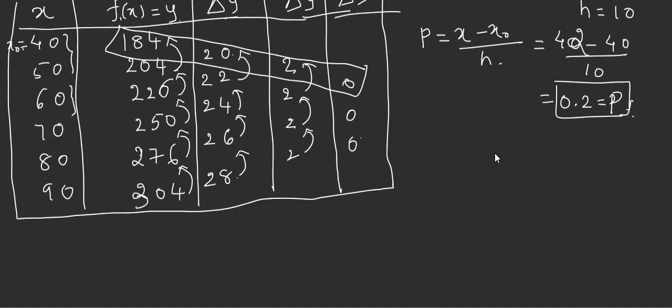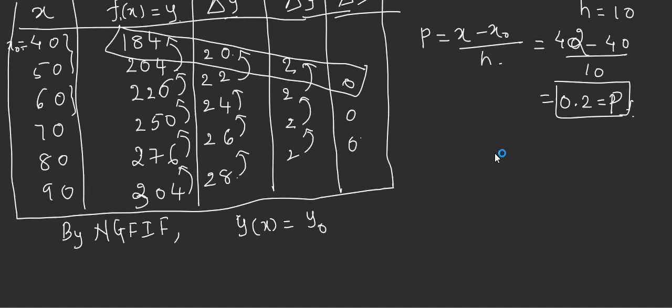Let us use the Newton-Gregory forward interpolation formula. Y of x is equal to, tell me the formula. What is the first term in the formula?